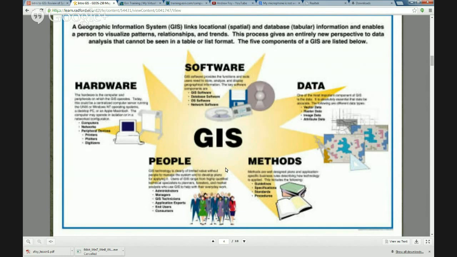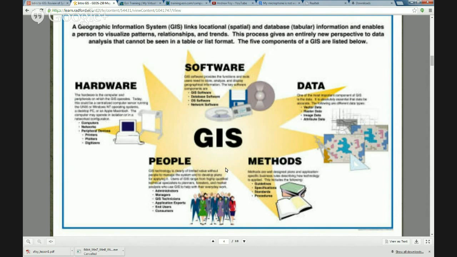So for the purpose of this class, we will say that a GIS links spatial and tabular data together and enables people to visualize spatial patterns, relationships, and trends. And what this does is it gives a totally new perspective on data analysis that cannot be seen in a table or in some other sort of list format. So essentially what the GIS allows you to do is to spatially enable data.